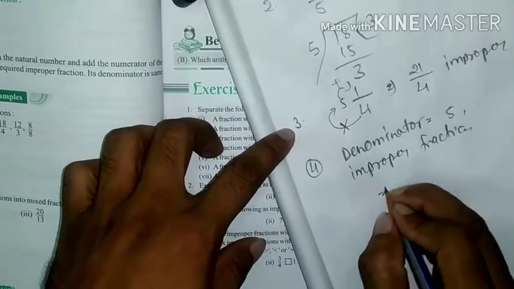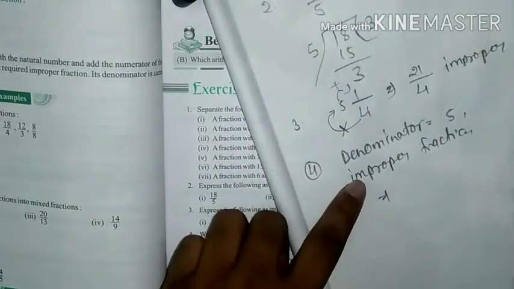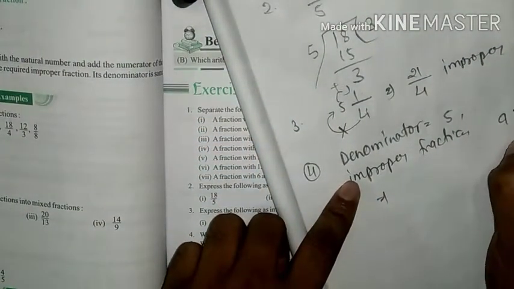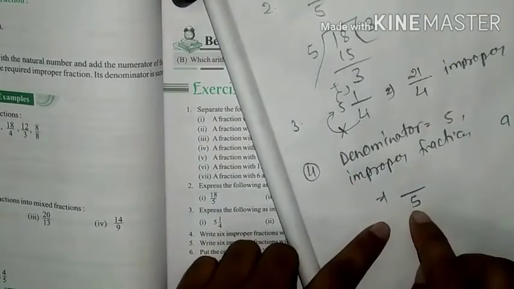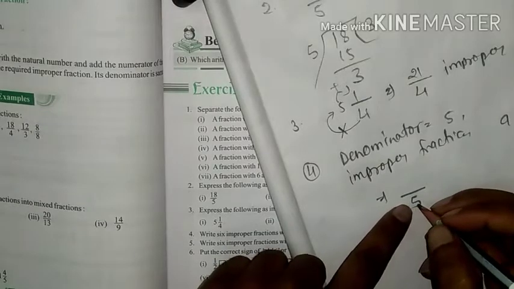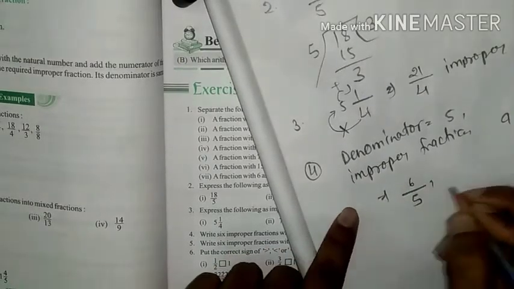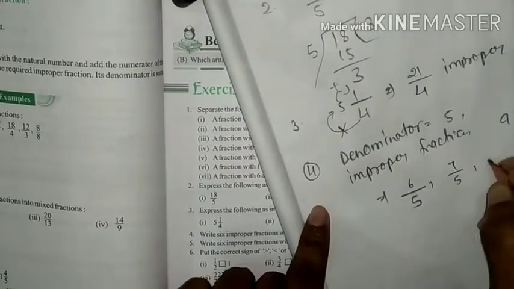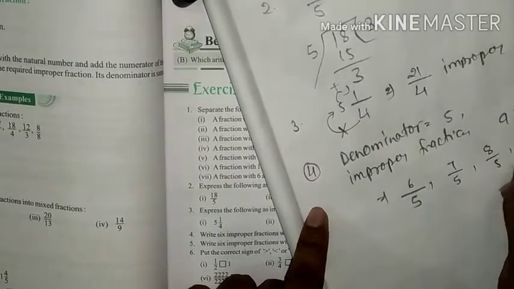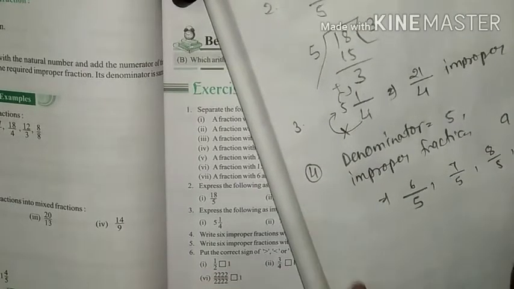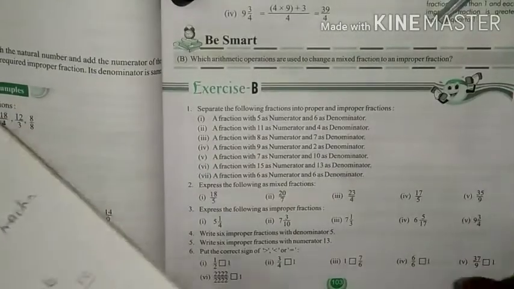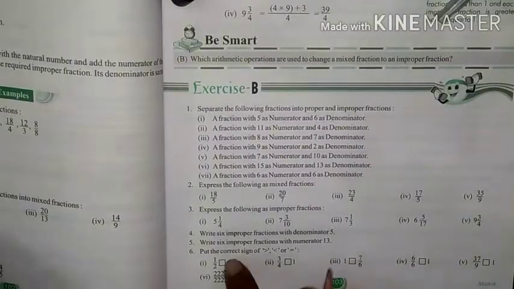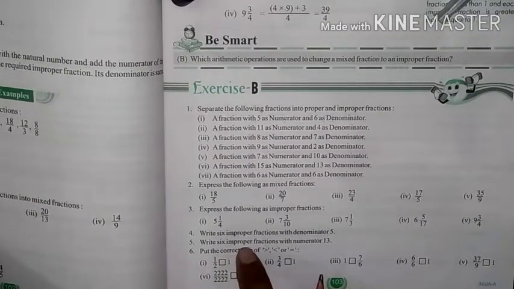First we write 5 as the denominator value, and the condition satisfied for an improper fraction is a is greater than b. Then we write numbers greater than 5 as numerators. So 6 by 5, 7 by 5, 8 by 5, 9 by 5, 10 by 5, like this. Understand?